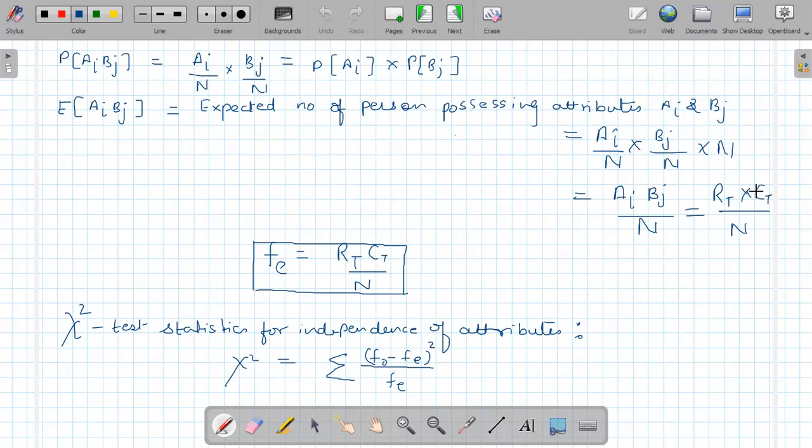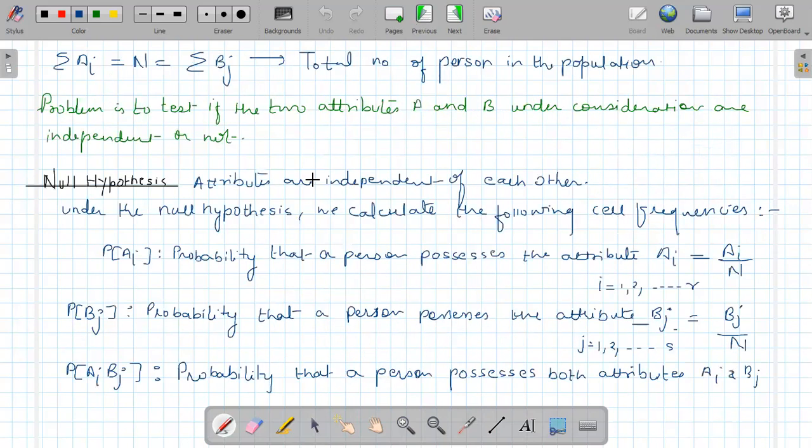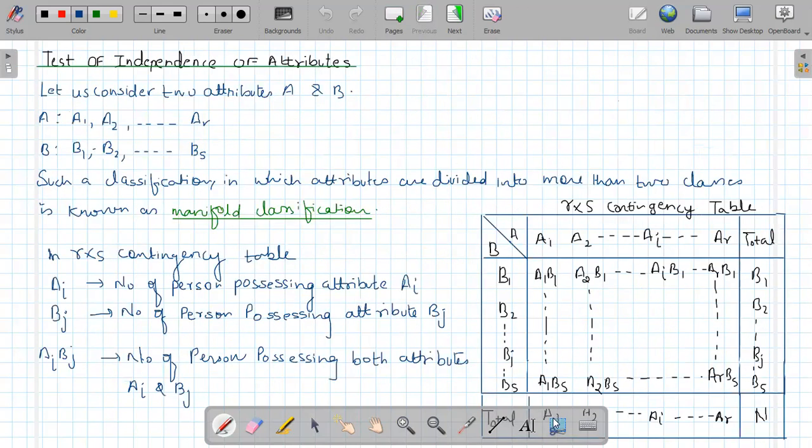That gives us the number of people, and that is given by AI Bj divided by N. That is equal to AI, the column total, and Bj, the row total.